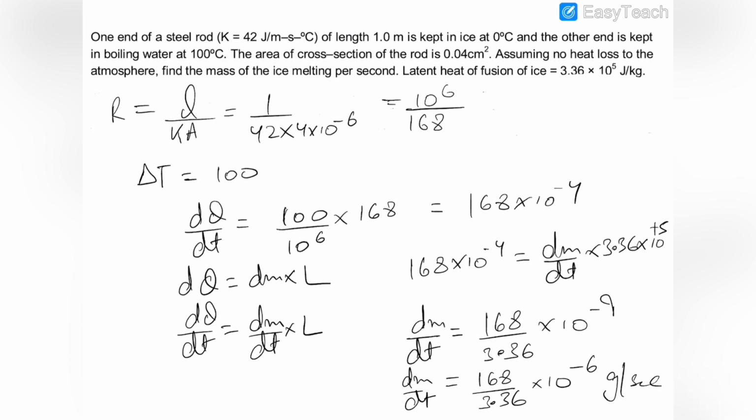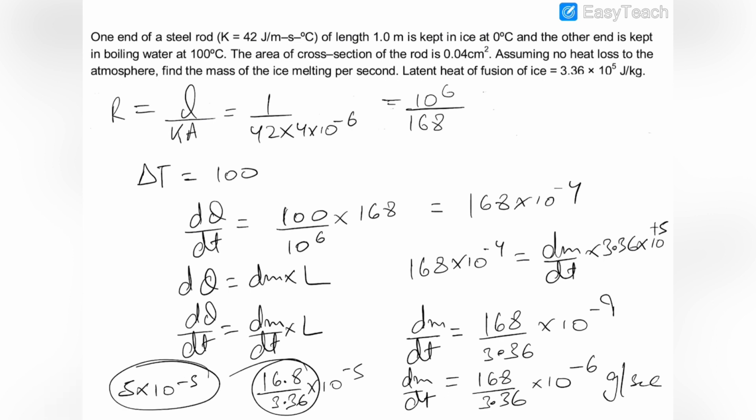So you can see that this will be 168 upon 3.36, so it will be 16.8 by 3.36 into 10 raised to power minus 5, and this is equal to 5. So it is 5 into 10 raised to power minus 5. So this ice is melting at a rate of 5 into 10 raised to power minus 5 gram per second.